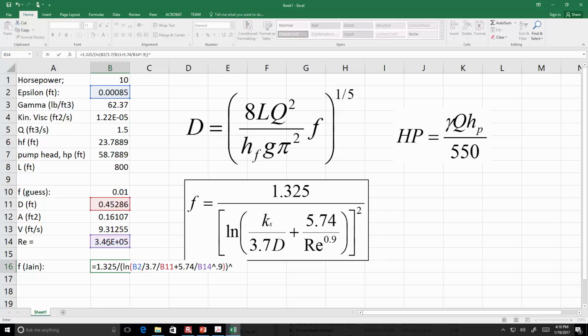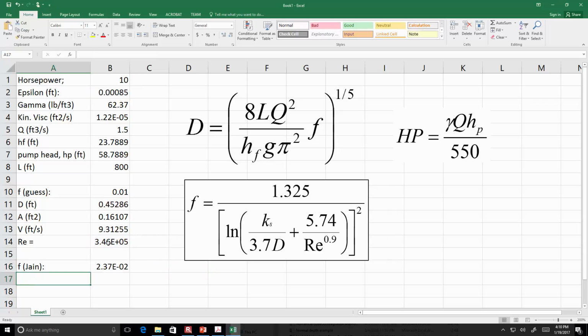And don't forget to square it, which is easy to forget. So this is a slightly better guess than just the out of the blue 0.01 that we started with.